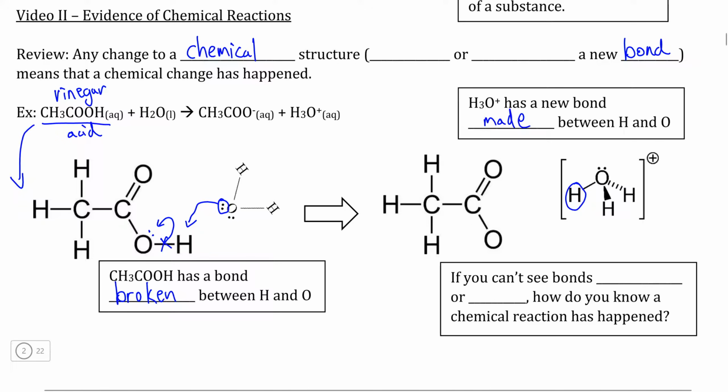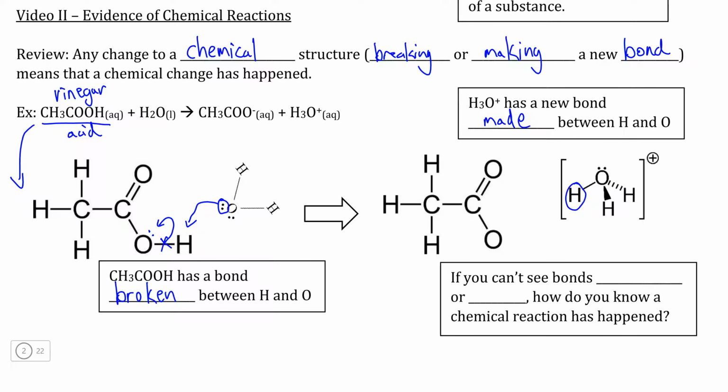So we can expand our definition of any change to the chemical structure to mean any time there is a breaking of a bond, or any time a new bond is created or formed in the process of the chemical reaction. And the reaction between vinegar and water is an easy example of this happening.